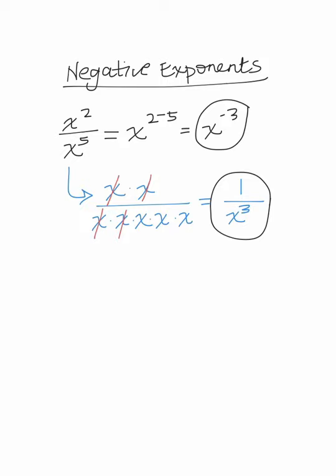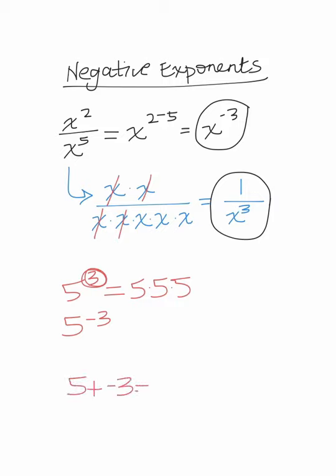Now, let me explain this another way to help it make even more sense to you. When you have an exponent, you are multiplying the number 5, however many times the exponent says, 3 times, right? When you have a negative exponent, in math, negative means opposite. For instance, if I did 5 plus negative 3, instead of going up to 8, I would go down to 2.